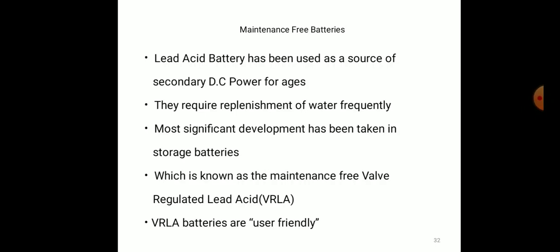The most significant development has been taken in storage batteries. That development is nothing but maintenance free batteries, which are known as maintenance free valve regulated lead acid batteries, VRLA batteries.